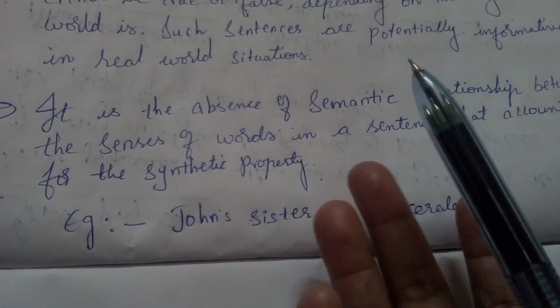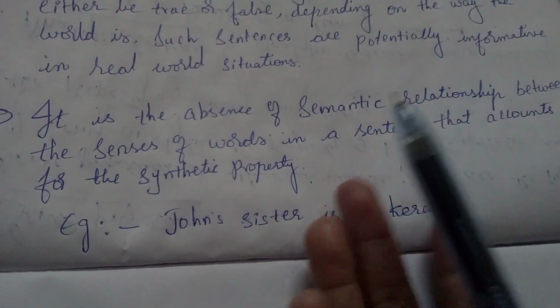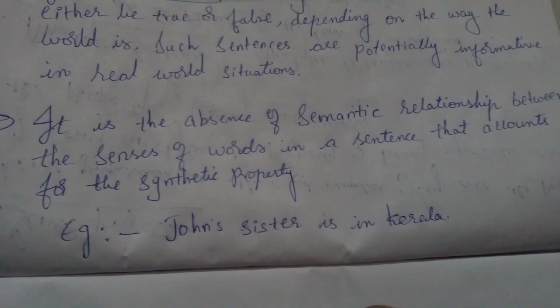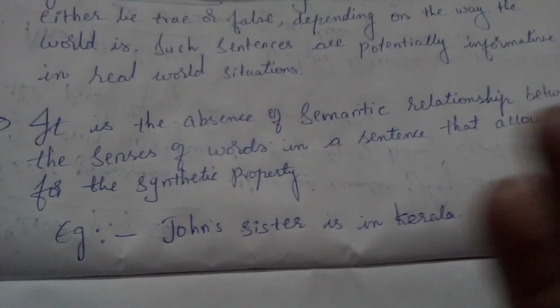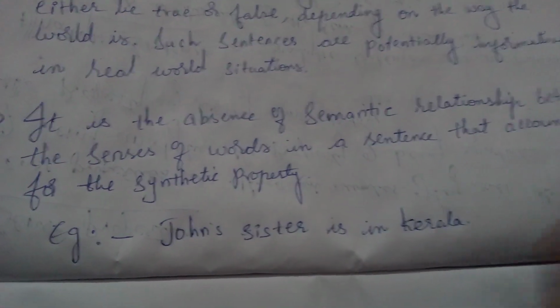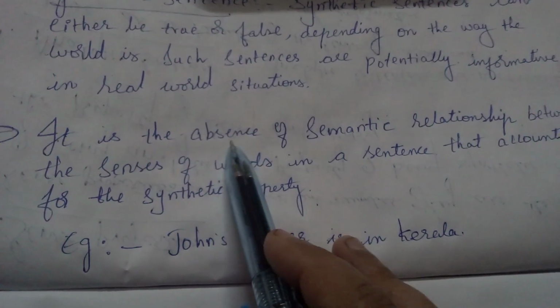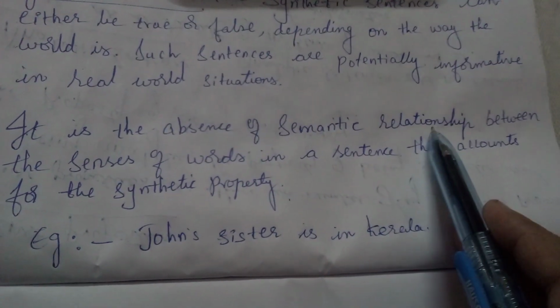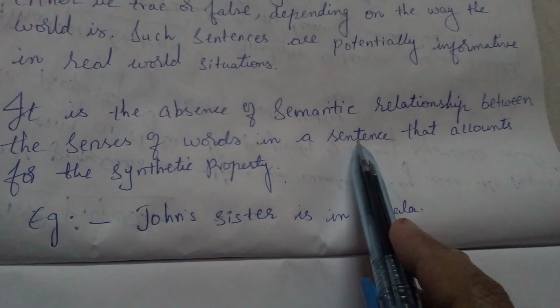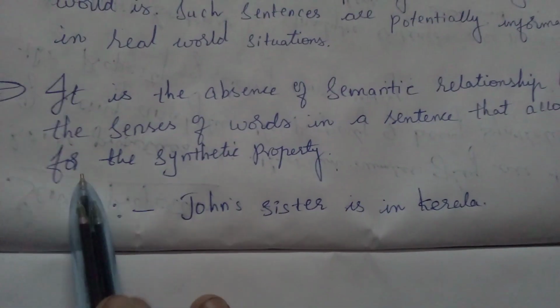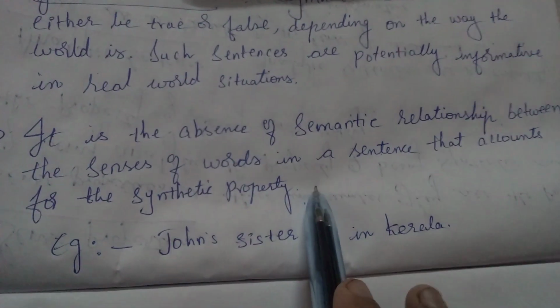It may be true, but in some sense it may be false. So we cannot declare that the sentence is either true or false. That's the reason we said that it is the absence of semantic relationship between the senses of words in a sentence that accounts for the synthetic property. Okay.